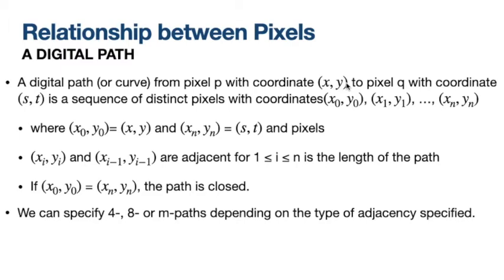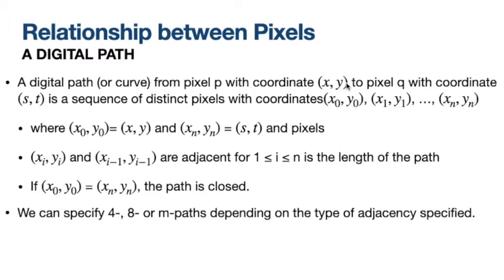Here x0, y0 will be the initial pixel p and xn, yn will be the final pixel q, and if x0, y0 is equal to xn, yn, that means it is a closed path. That means it begins and ends at the same pixel.